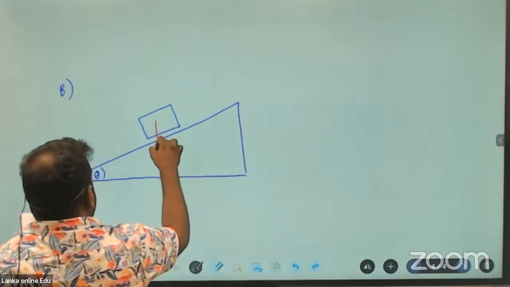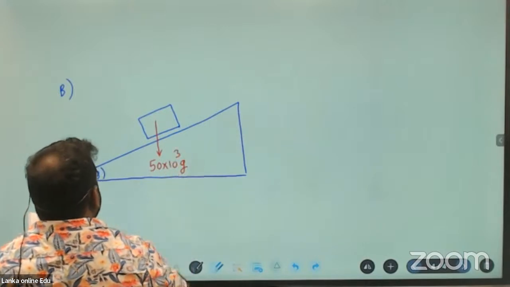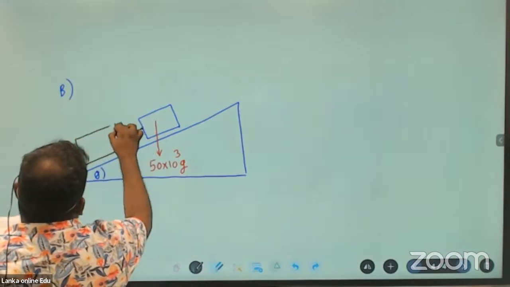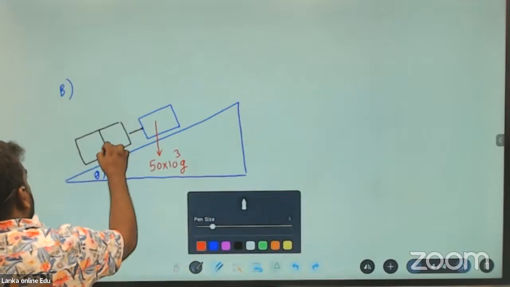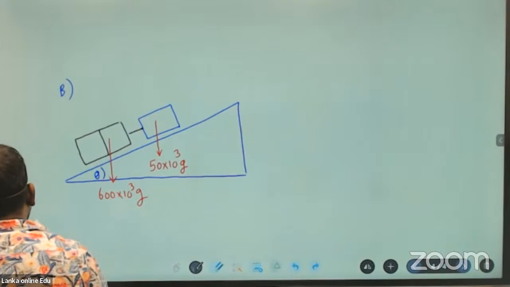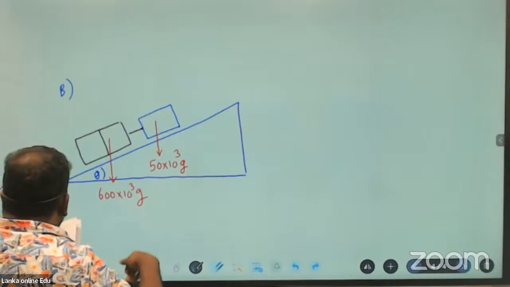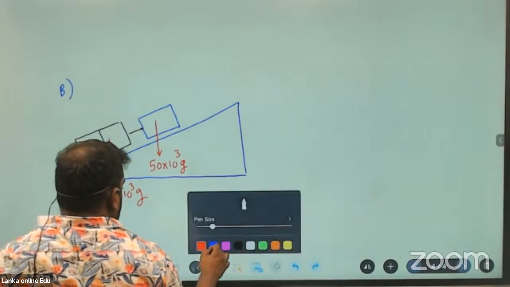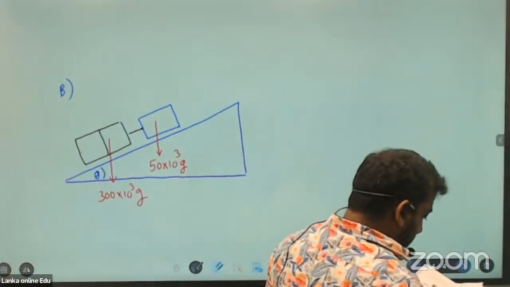So mass of the train is 50 10 to the power 3 kg. Two compartments, I'll draw it in advance: 300 10 to the power 3 kg each. Compartments, okay, plural form given. So these three. Both are 300.